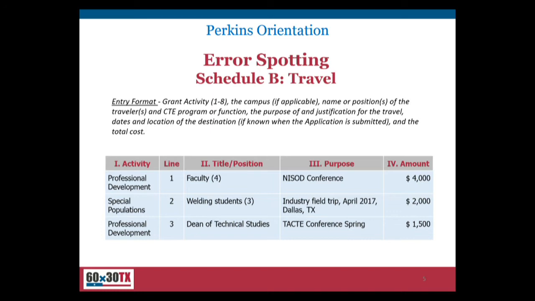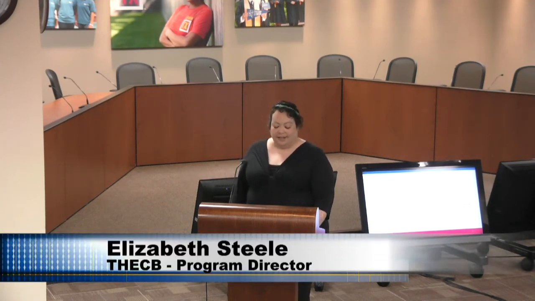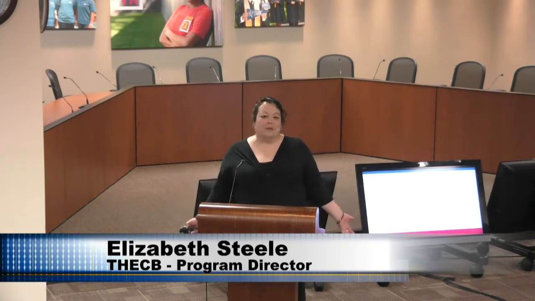Correct. NISOD is actually a conference that is for both academic and CTE faculty. So in this case, we would most certainly need to make sure that the faculty attending is CTE and is being funded through Perkins. When is the conference? Exactly. Where is the conference? Again, we don't know. So you need to make sure that you indicate this information. This is required information as per the RFA.